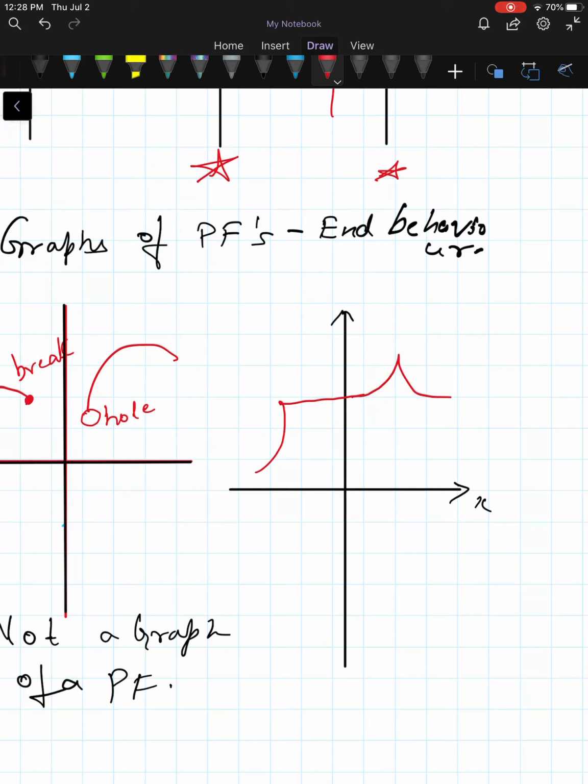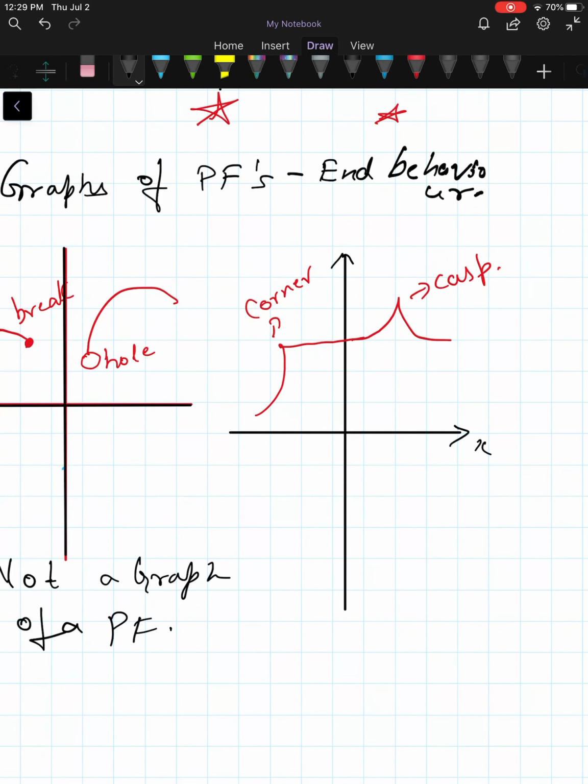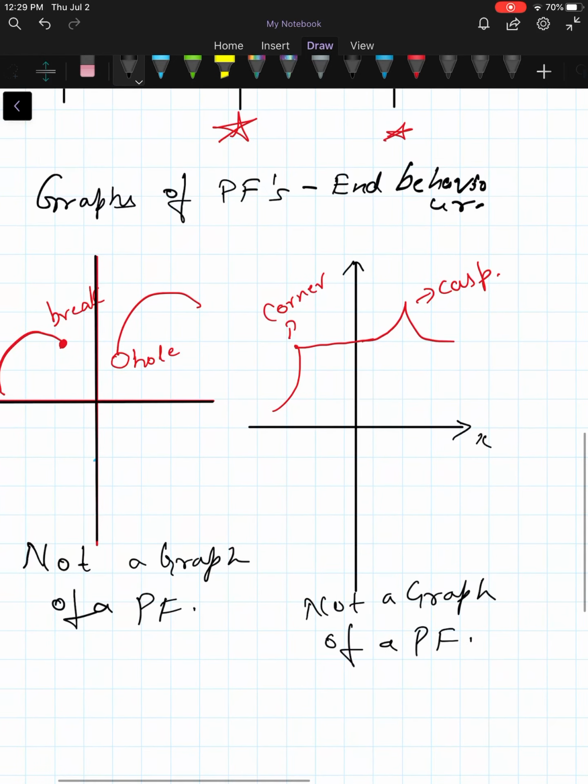This is a corner and this is a cusp. Because these two things tell us the graph is not smooth, this is also not a graph of a polynomial function.